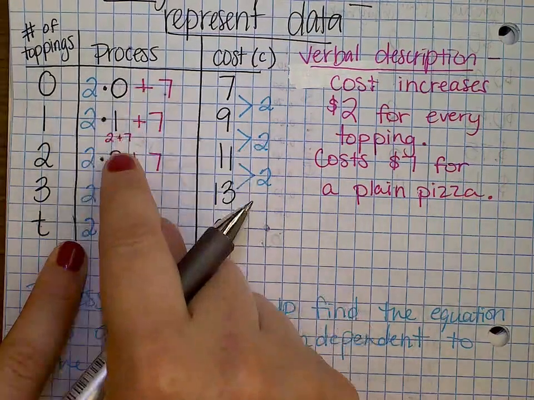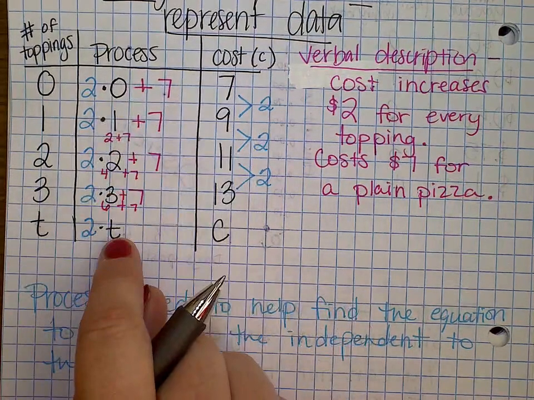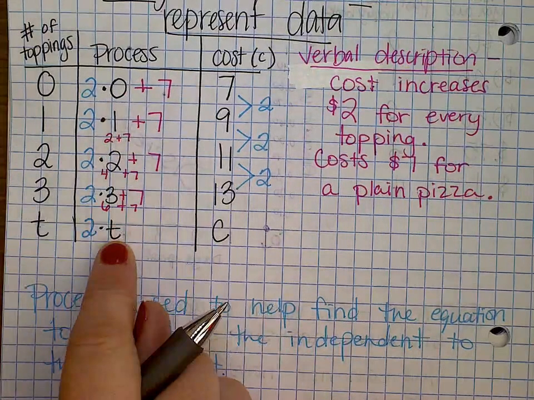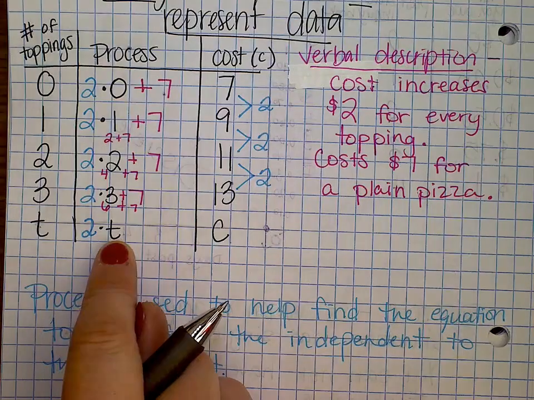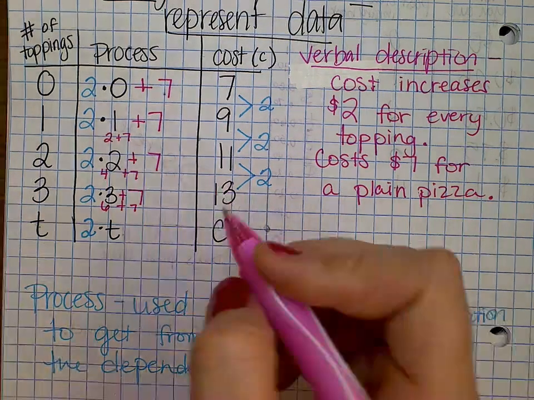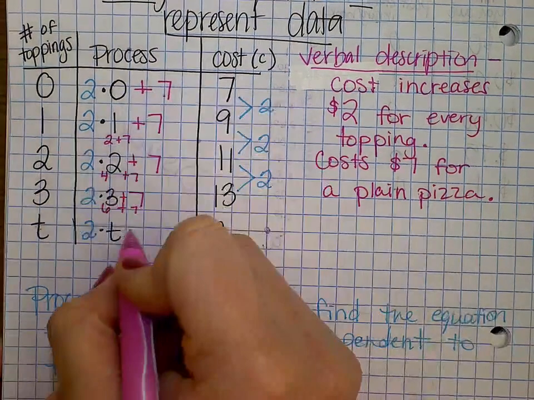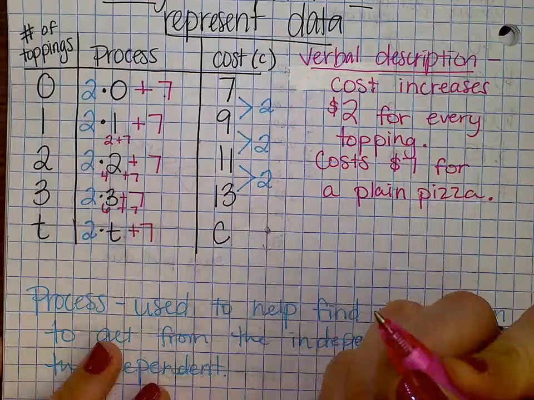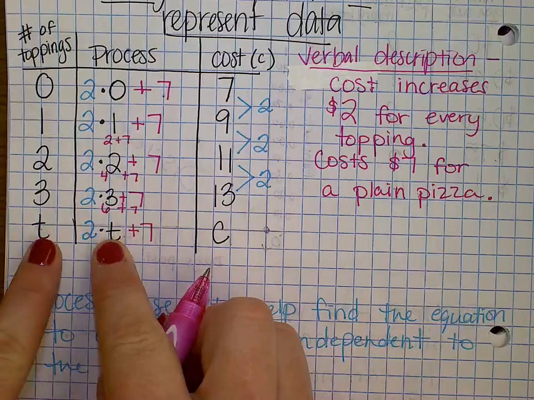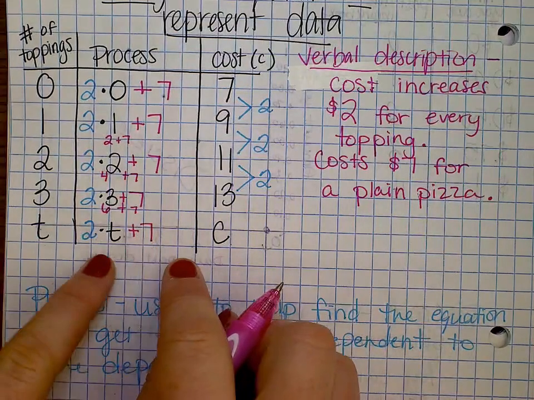It was 0, 1, 2, 3, so that's the variable. And remember, any number could be used there. I could use 100 toppings. If you wanted to put every single topping at the pizza place, you could totally put every single topping. And then remember, it's $7 for the pizza. So we're always going to do 2 times t, which is the number of toppings, plus 7 will give us our cost.